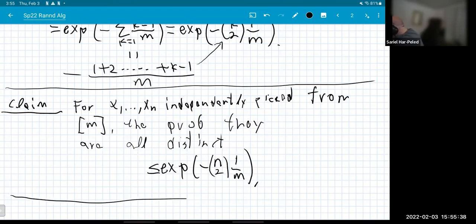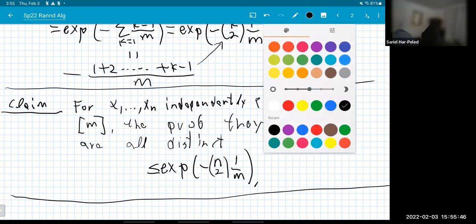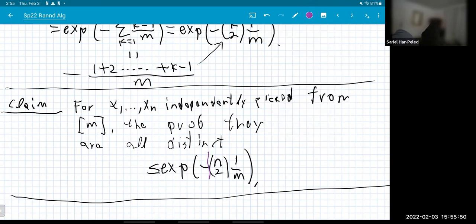Now let's look at it a bit, because this is kind of surprising. This expression is exactly the expected number of collisions. Essentially it says that the probability that they are all distinct, that there is no collision, is at most e to the minus the number of collisions.